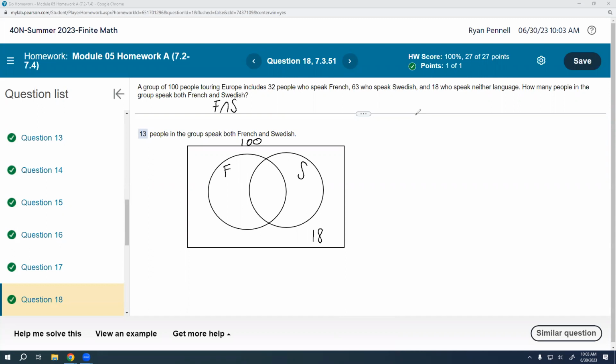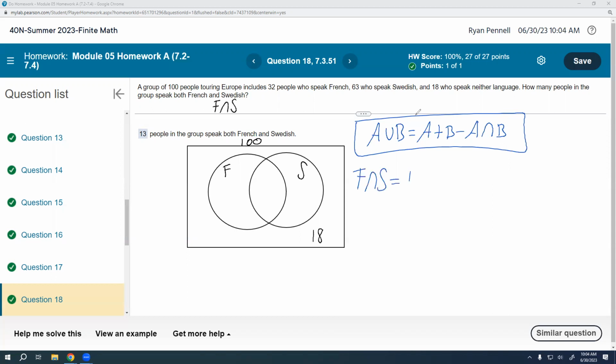Well, from the previous problem, we found that A union B equals A plus B minus A intersect B. That's our union formula, and I think that's going to be very helpful for us. We can just replace that with F and S, and be good to go. So F union S equals F plus S minus F intersect S.